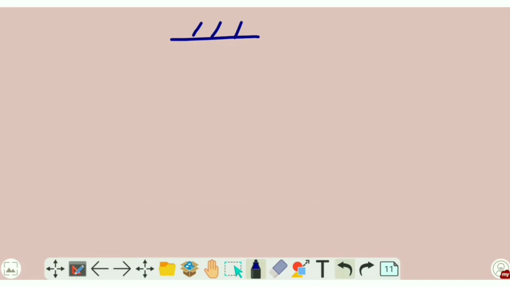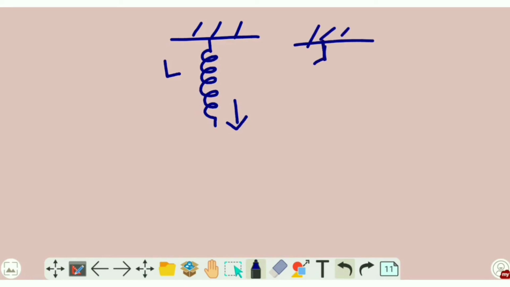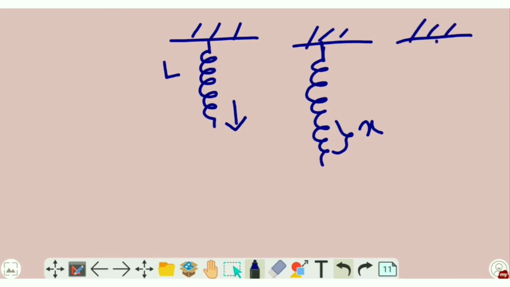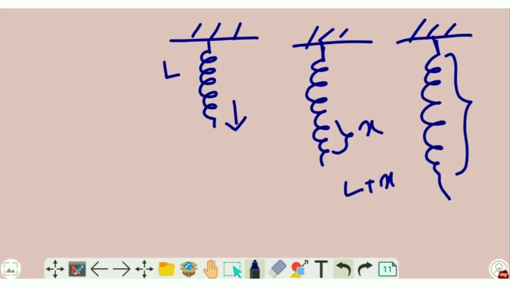This is a fixed support, the spring with natural length L. Now first I stretch the string and the extra length is x. Okay, I stretched it further and it becomes the total length L plus x plus y. So what is the work done in second stretching?